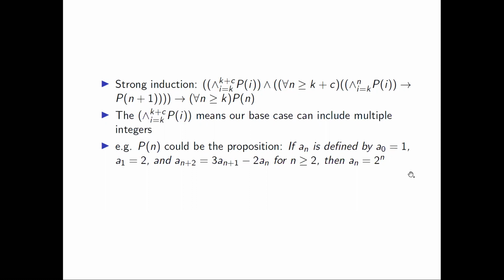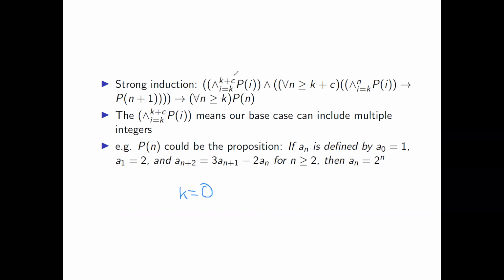So let's see how we can prove that with strong induction. And here, our base case is going to have two cases. It's going to be the 0 case and the 1 case. And we'll see that will mean that our k up here in the strong induction, for this specific problem, will be k equals 0.